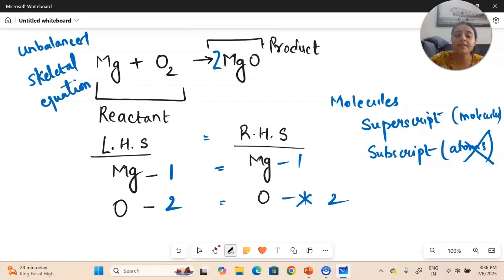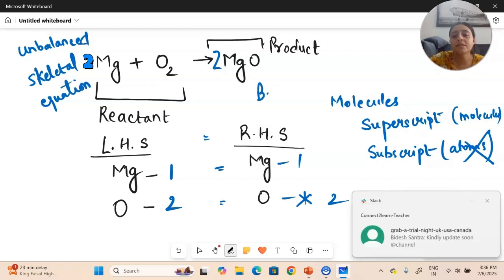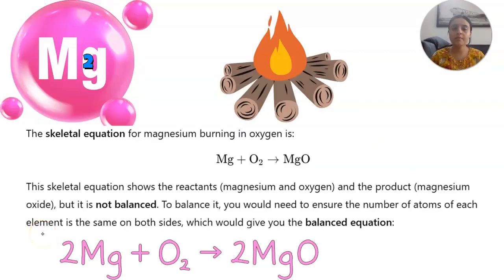When you balance it, it becomes the balanced equation. So by certain examples, we understood how we are going to balance out chemical equations. Likewise, there is one more example the NCERT has given to you. We already know the skeletal equation is the one which is unbalanced.